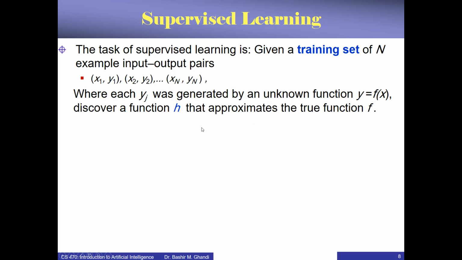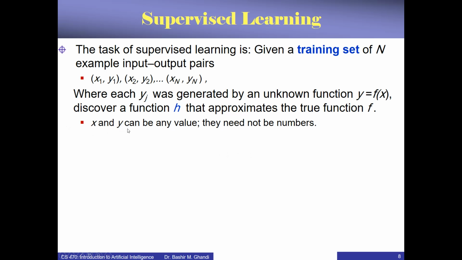The target is for the system to discover a function h that approximates the true function f. So it doesn't have to find f 100% correct. The idea is to approximate. So find an approximate function h, which is actually called a hypothesis, that will try to generalize and say, okay, for this input, this is supposed to be the output.